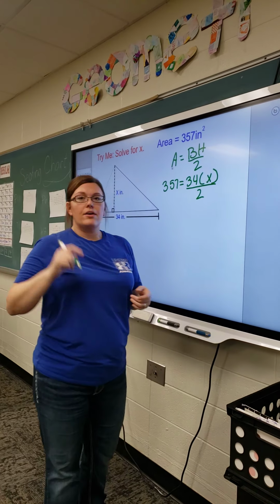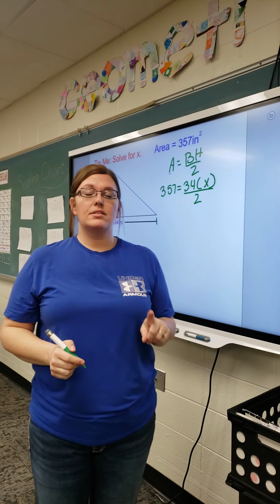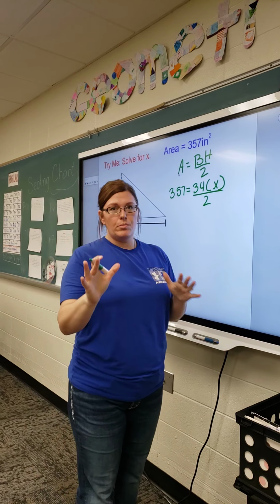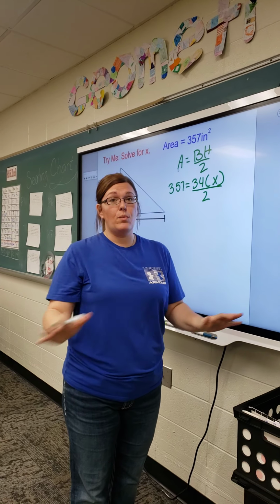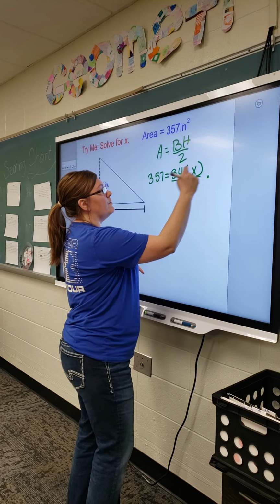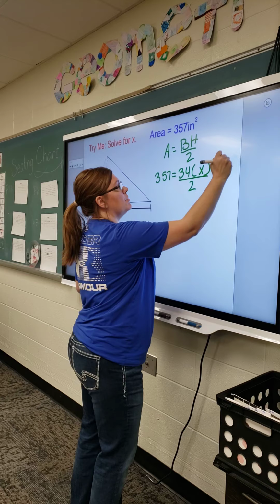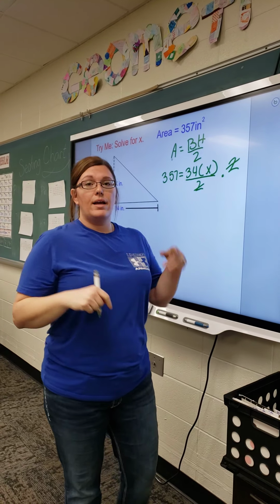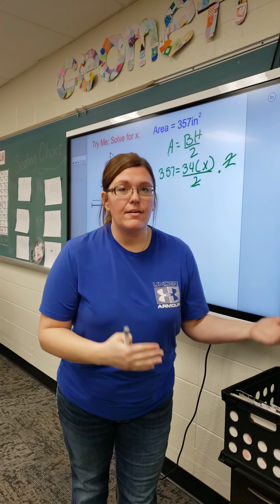There are 2 ways you can go from here. Some of you are going to want to kick your fraction out. I'm going to show you both because I know we do it differently. Pick a way, both are correct, do you. First one, if I want to kick this fraction out, I'm going to multiply it by 2 because then those cancel. What I do to one side of the equation, I have to do to the other.